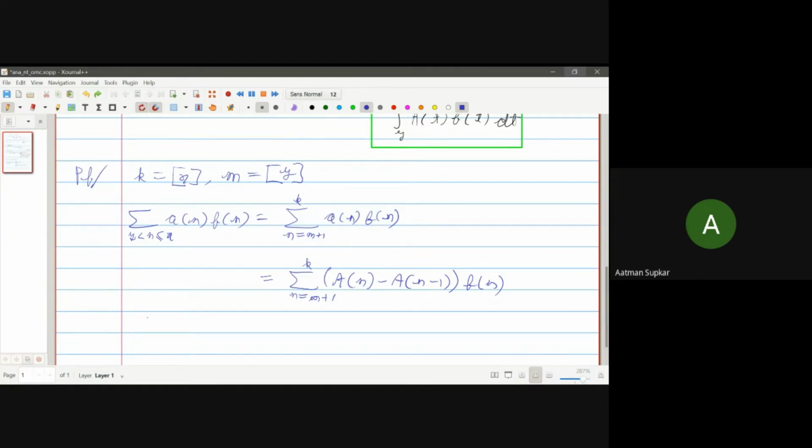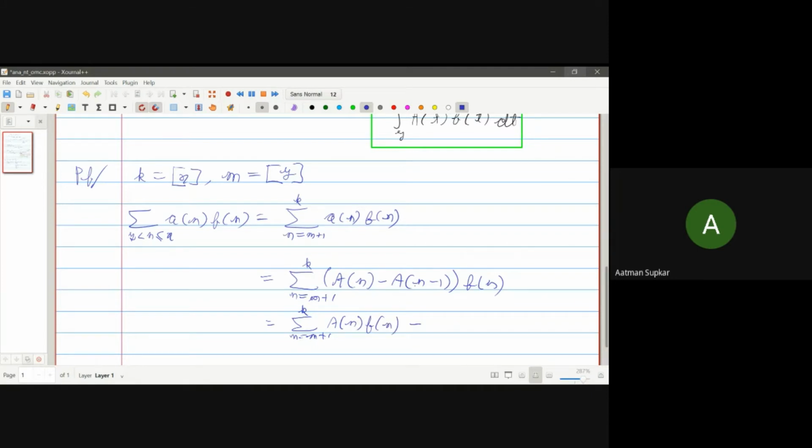Then you just take it as summation n equals n plus 1 to k, a n f n minus.